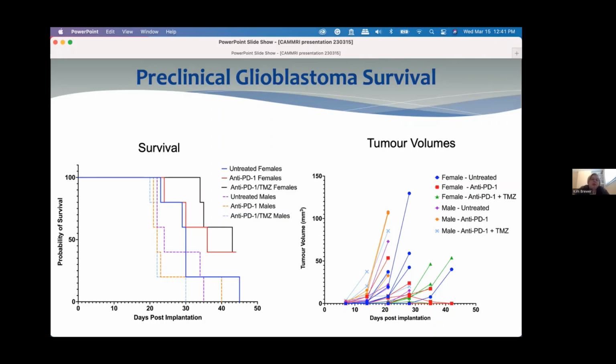Whereas regardless of treatment, males all died at a much quicker rate. And you can see some of the tumor volumes and how quickly they grow in these mice. There are some mice that need to be terminated as early as day 15, day 16 in this model.